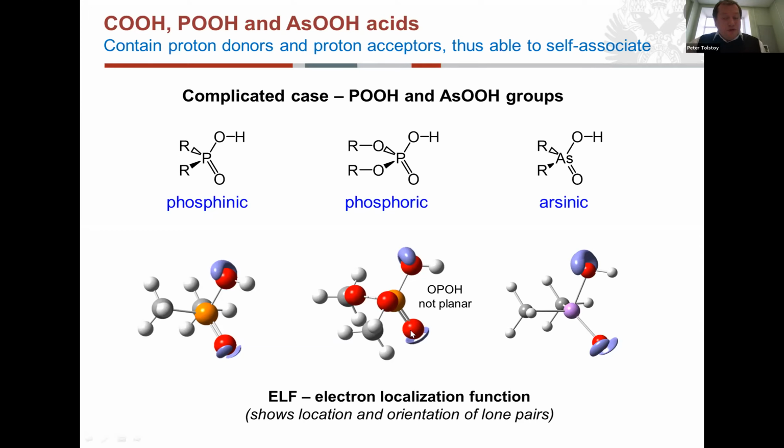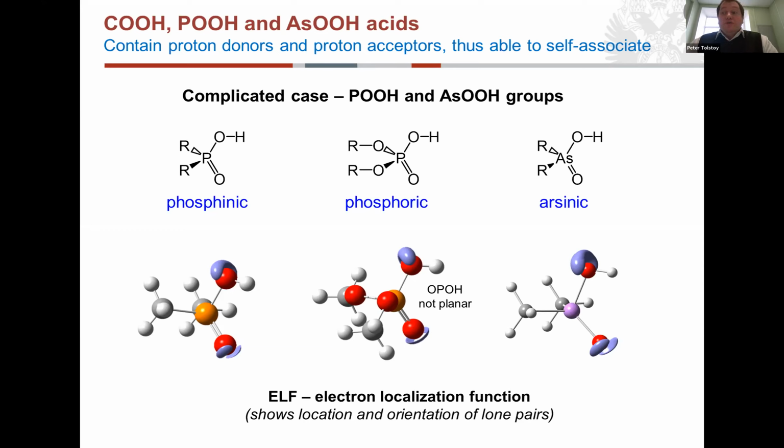And the proton accepting spots in this molecule are no longer located in the same plane. They form a circle, a donut of possible directions of proton accepting ability around this oxygen atom. Something similar happens for the other molecules on this slide as well.